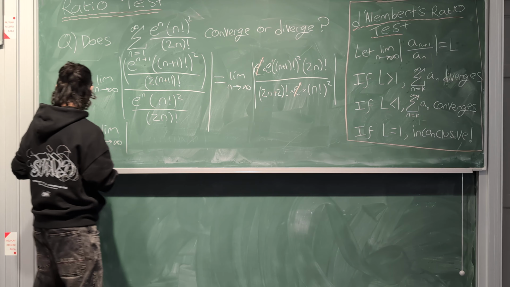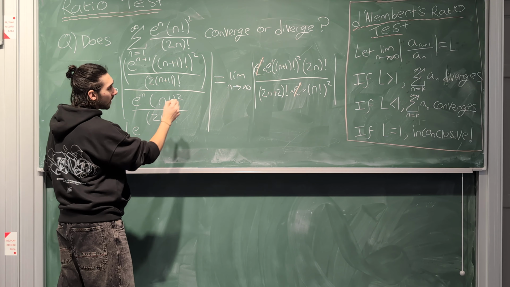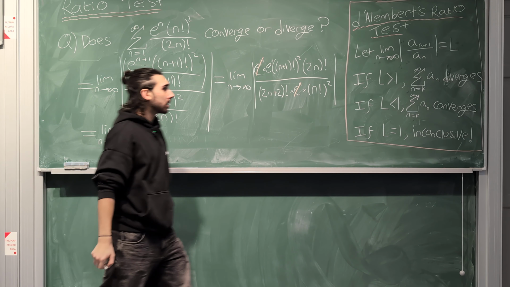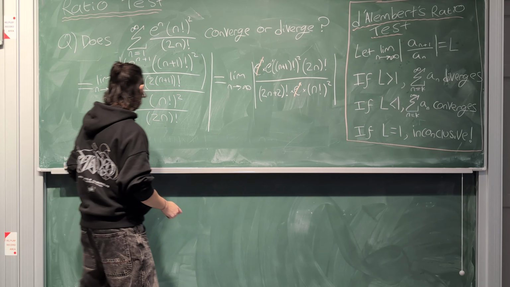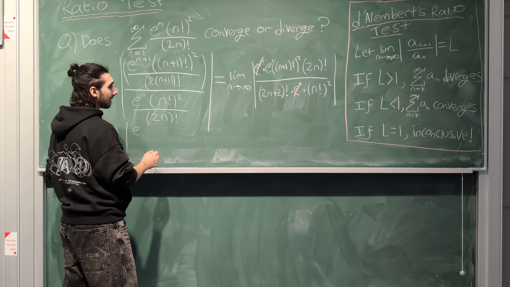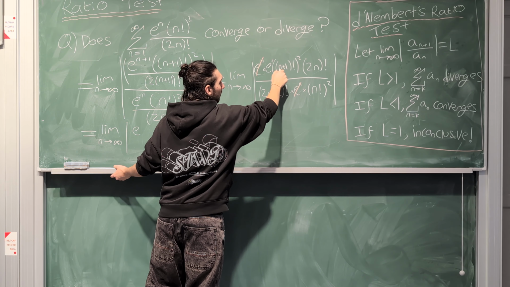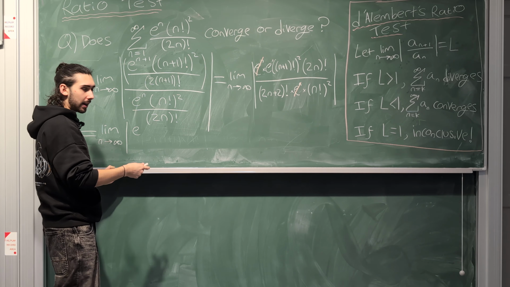Well, let's have a look. What do we have? Well, we have e, we have n plus 1 factorial squared. I'm noticing that on the denominator, we just have an n factorial squared. So let's just, okay, the rearranging is not that simple, but hopefully it makes sense. If I just forget about the squared for a second, I'm just going to write n plus 1 factorial as n plus 1 times n factorial.